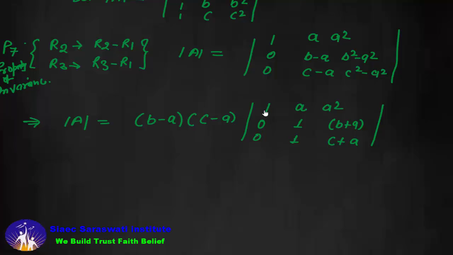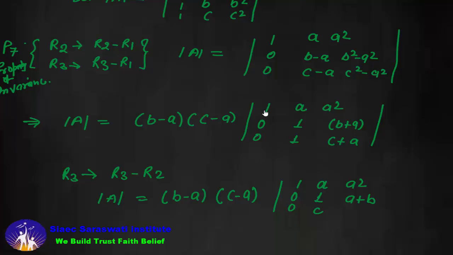Okay, so moreover we apply again invariance property. So again apply the property number 7. So property will be that R3 minus R2. ओके, सो R3 में से R2 को मैं अप्लाई करूंगा और जो वैल्यू आएगी वो R3 में मैं स्टोर करूंगा. सो द आउटपुट ऑफ दिस पर्टिकुलर विल बी स्टोर्ड इन द R3. सो द determinant of A will be B minus A and C minus A, that will be 1 0 0 again a square 1 a plus b, and that will be again 0, and that will be c plus a minus b minus a.